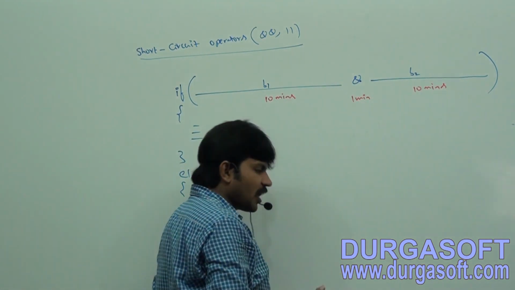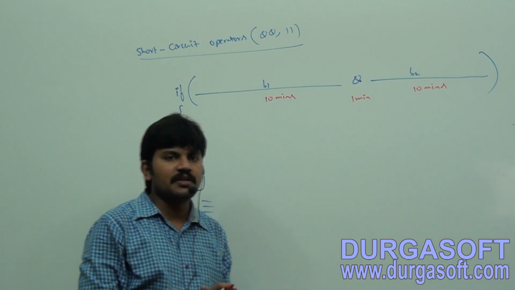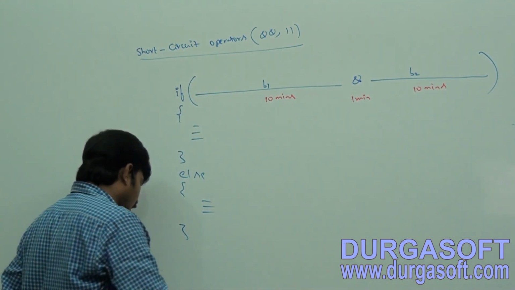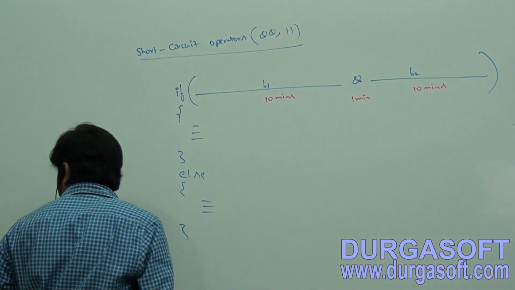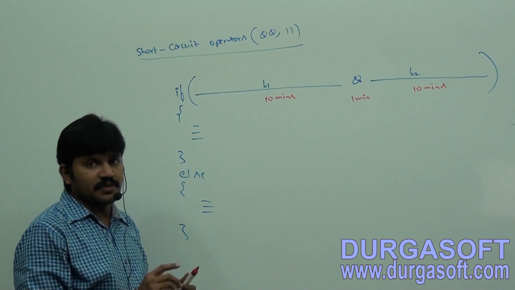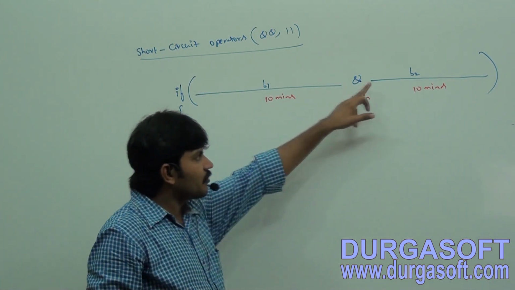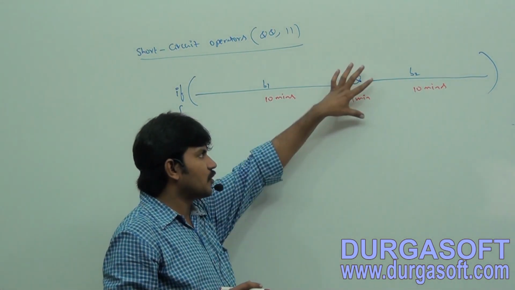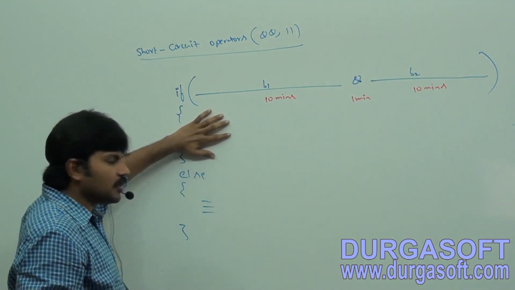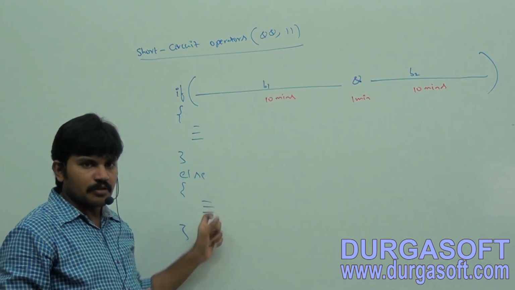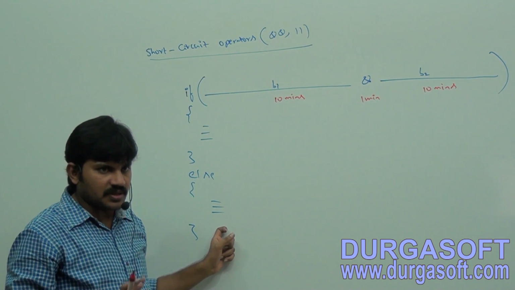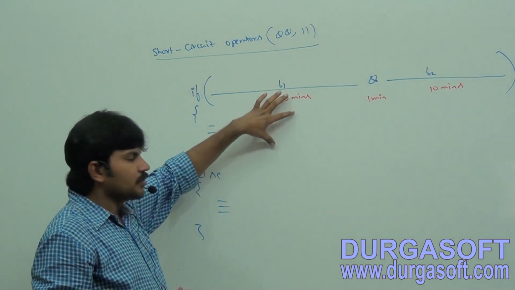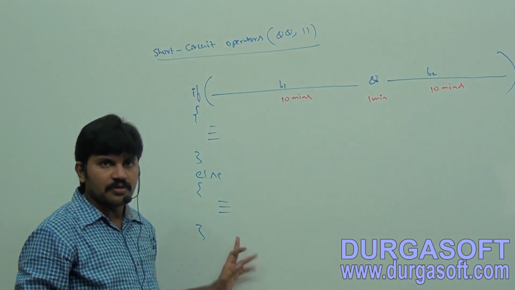Total, how much time is required to evaluate this argument? 21 minutes. After 21 minutes, if it is true, execute this part, else execute this part. That is our requirement.